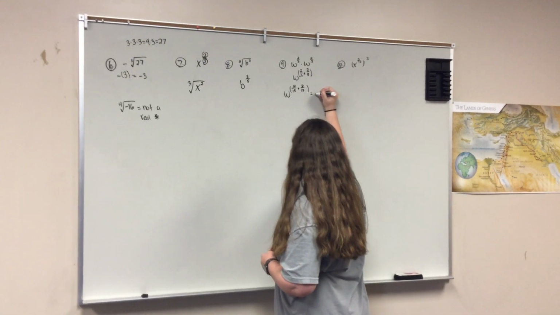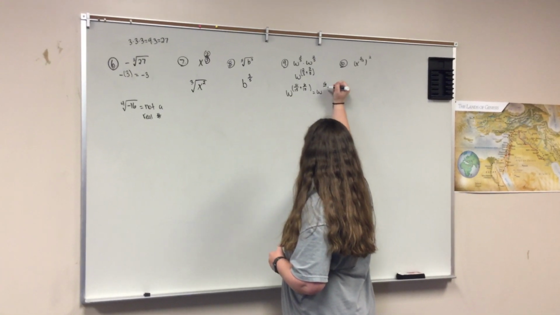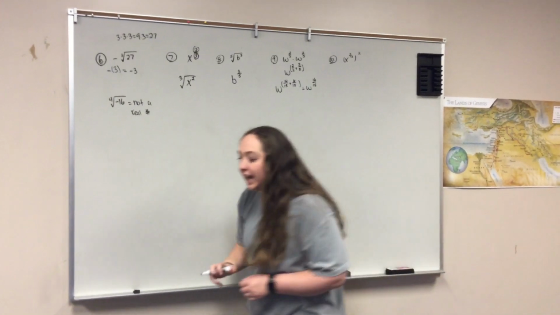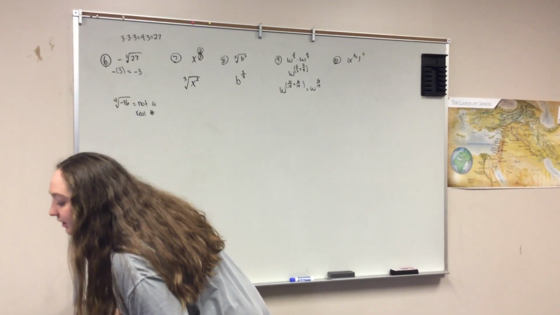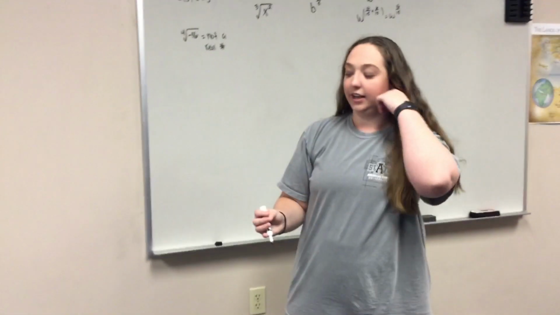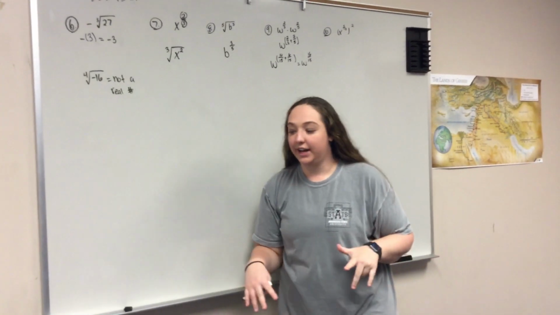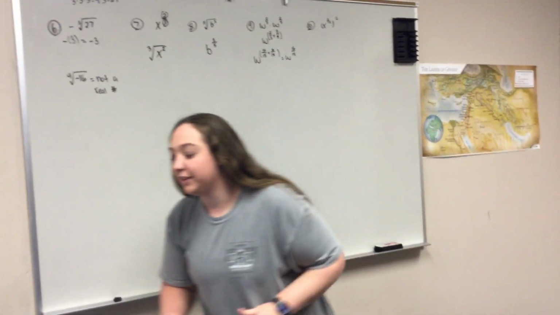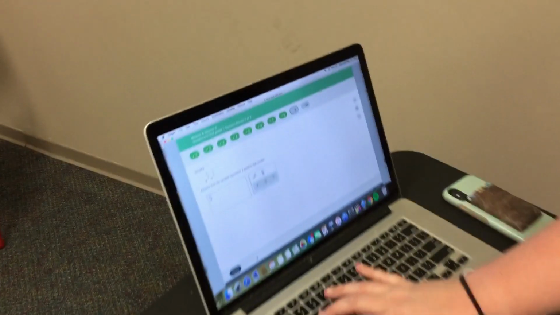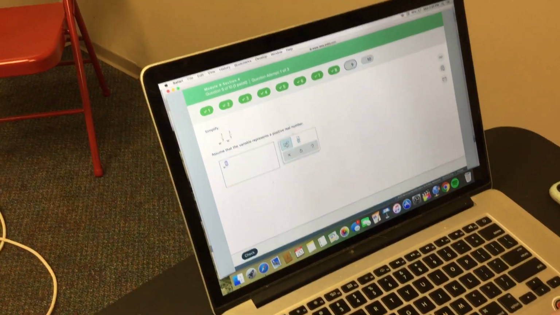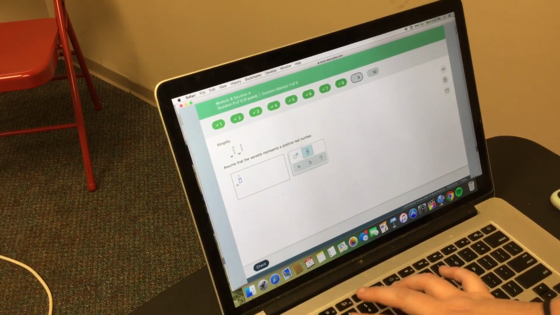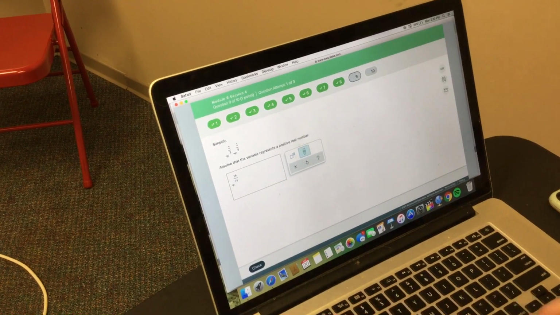So this is w to the 16/15. But we're not done because ALEKS wants us, well, okay, we could be done because it doesn't say put it in radical expression. I'm going to go ahead and do that, except I'm not, because it doesn't even give me an option to put it in radical expression with the things that it gives us. So I guess I'm done. So it's going to be w to the 16/15.